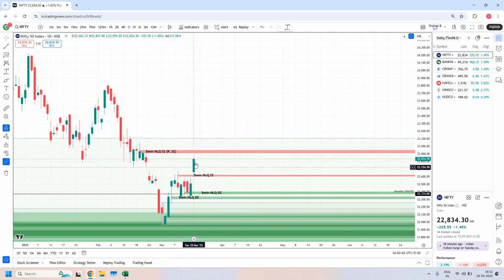Piercer zone. Even if it is violated, let us assume, I cannot predict, just assuming, then who will be the reason for all these things? The piercer zone order flows. The newly created order flows inside the piercer zone.